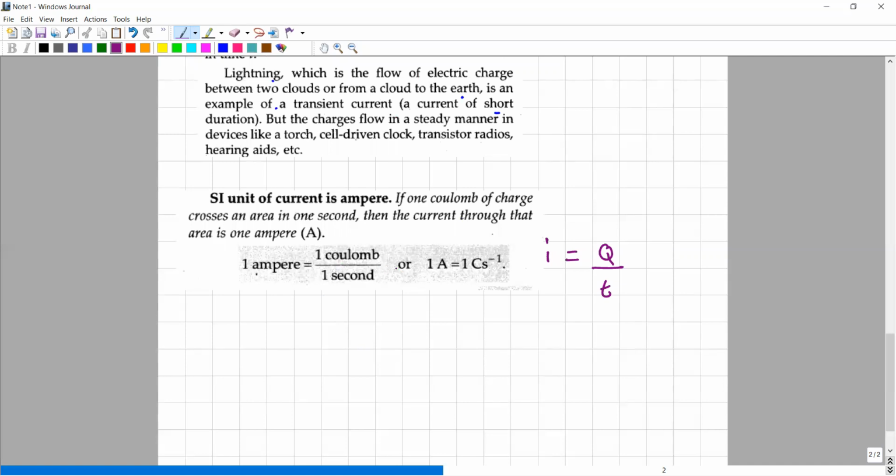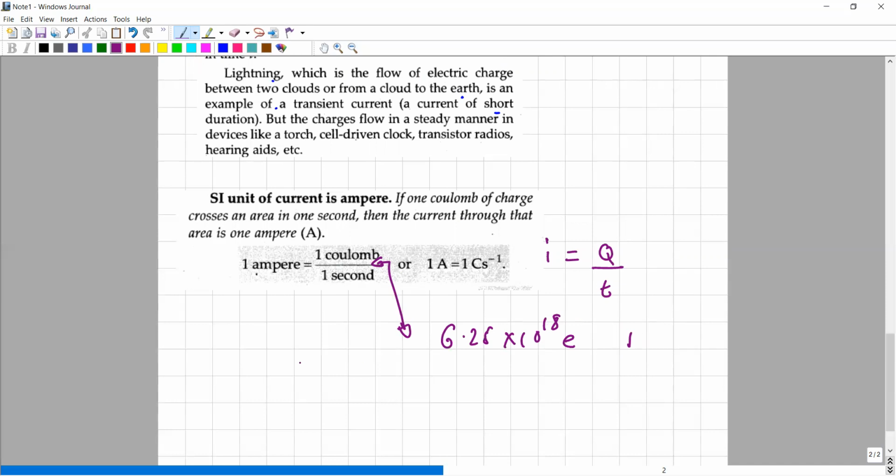Now how many electrons make 1 coulomb? This you have done in the first chapter. Remember how many electrons make 1 coulomb? The answer was 6.25 times 10 raised to 18 electrons make 1 coulomb. Okay, remember that.